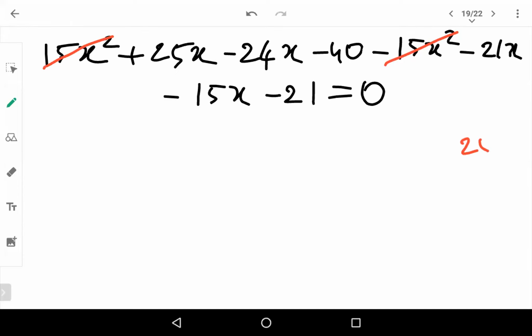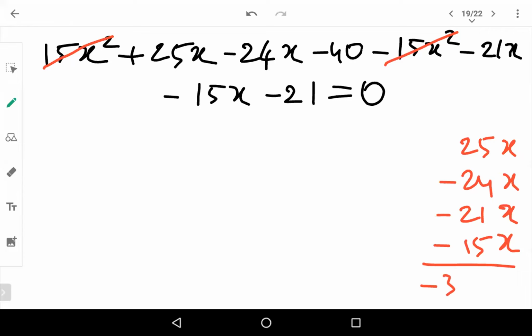Which x values do we have? 25x minus 24x minus 21x minus 15x. How much do you get in total? Minus 35. Everybody got it? So we get minus 35x.